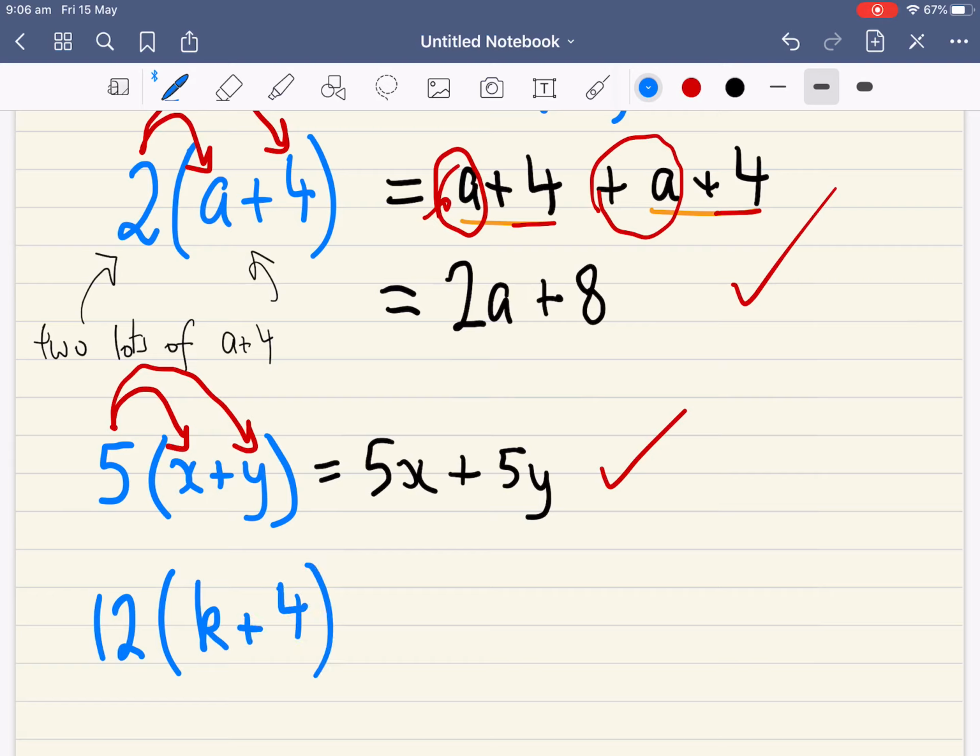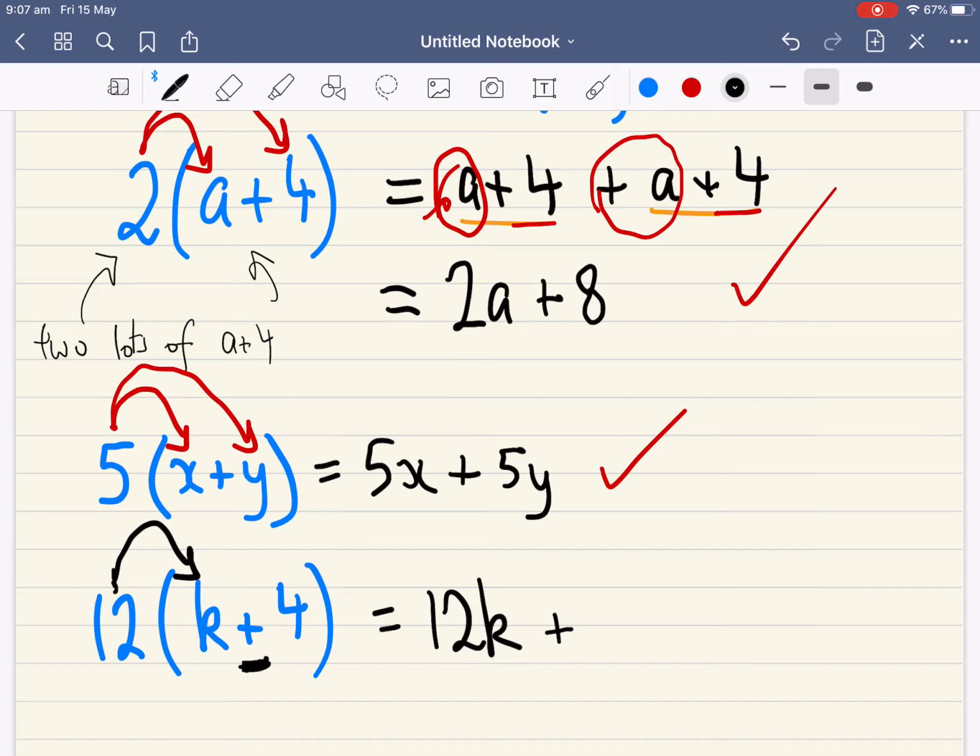Okay, so we want to expand and simplify this expression here. So what I'm suggesting we do is we just say to ourselves, okay, we have 12 lots of k. That'll be 12k plus, I'm getting that plus from here, right? The plus is in the middle. Let's put the plus down.